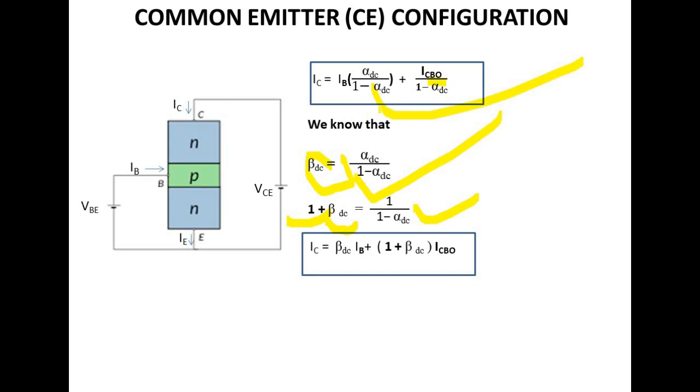So putting these two values into this equation, now we have arrived at the final equation of the current relationship between IC and IB in case of common emitter configuration. That is IC is equal to beta DC IB plus 1 plus beta DC ICBO. This is the final relationship between the output and input current in case of common emitter configuration.